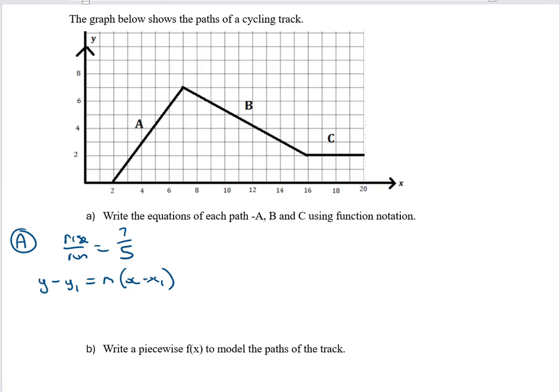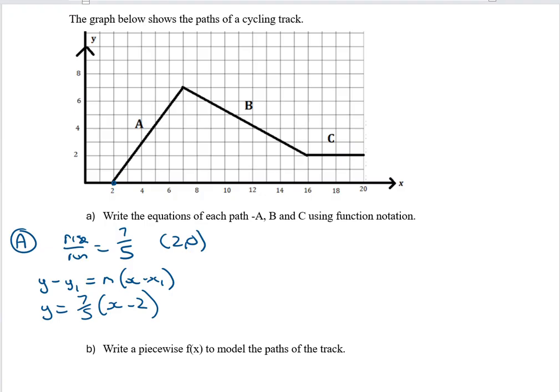I'm just going to substitute my values in. So in this case, I'm just going to use this value here, which is when x is 2, y is 0. So that'll be y take away 0 is y, m is 7 over 5, and x take away 2.